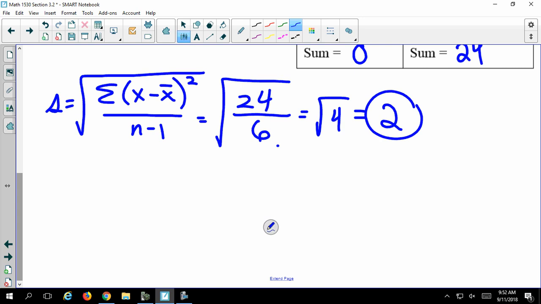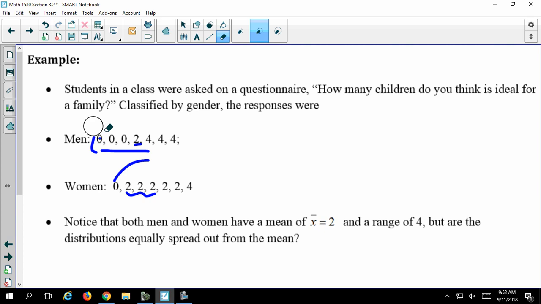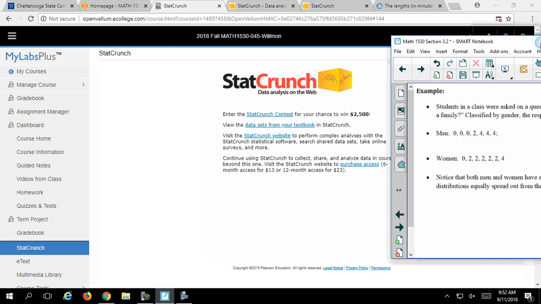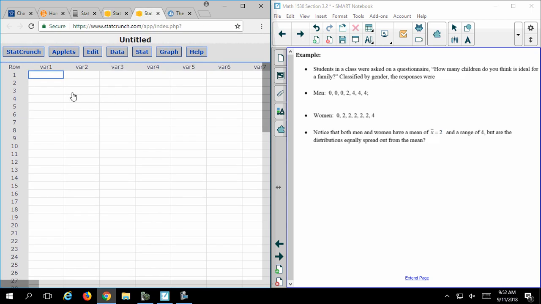So what I want us to do is open up StatCrunch. And we're going to put both of these data sets into StatCrunch, the male and the female responses.